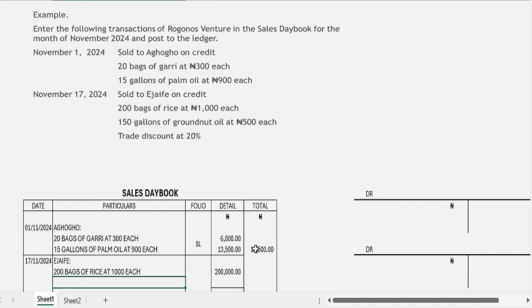The second one is 150 gallons of groundnut oil at 500 naira each. Multiply the two, 150 times 500, which gives you 75,000.